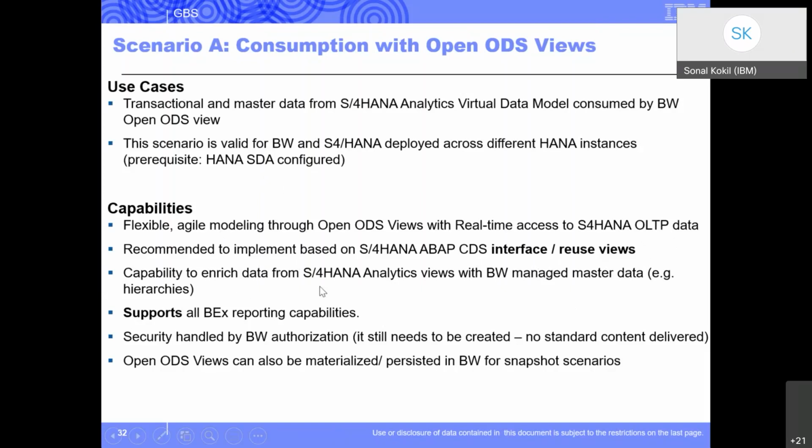There is the capability to enrich data from the S4 analytical view with BW managed master data, so you can use hierarchies as well. It supports all BEx reporting capabilities, and security is as you define in your BW authorization. An open ODS view can also be materialized and persisted in BW for a snapshot scenario. If you want to persist it you can, otherwise it is not required.